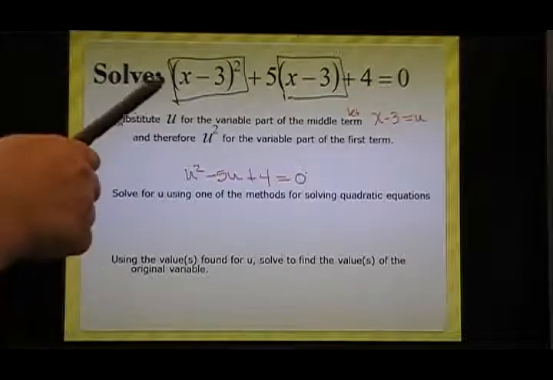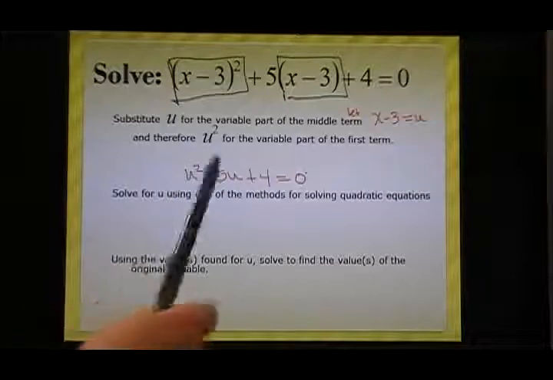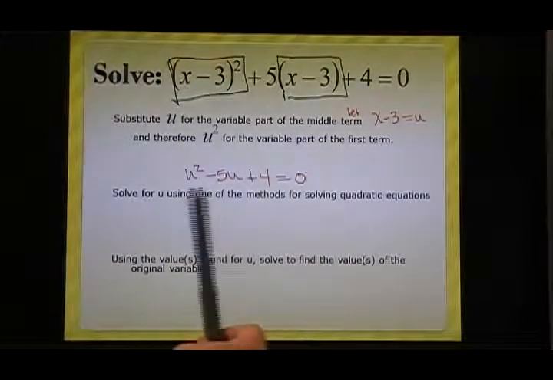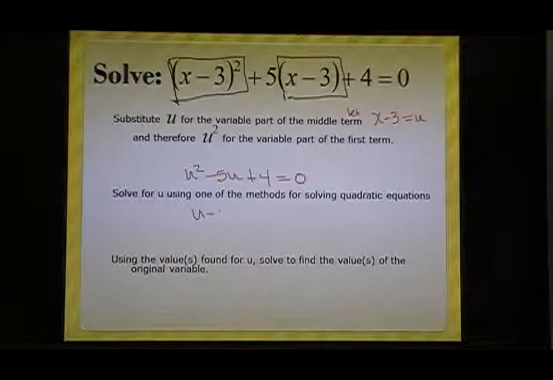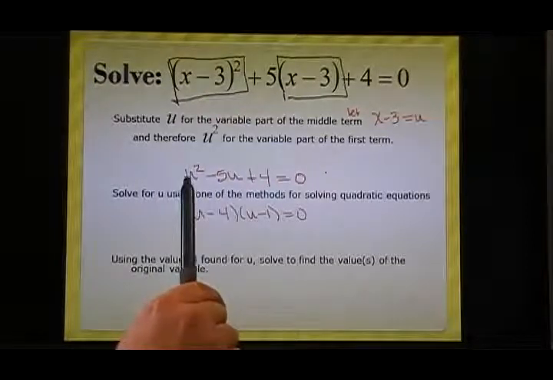In comparison of the two, this is definitely much easier on the eyes, and it should be pretty easy to solve from here. This quadratic is factorable. I can factor this into u minus 4 times u minus 1, right? If I multiply u times u, I'll get my u squared.